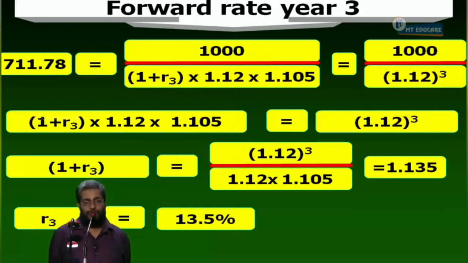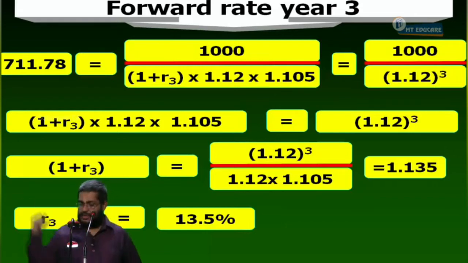Minus what? 4 years into YTM of 4-year bond, divided by 5 minus 4. Everybody, are you following or not?